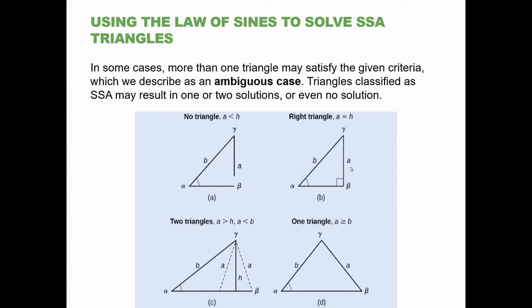One triangle, which is also a right triangle. So that's why it's called an ambiguous case, because any one of these options is possible. So let's take a look at one of the examples. We're going to look at a couple of examples.